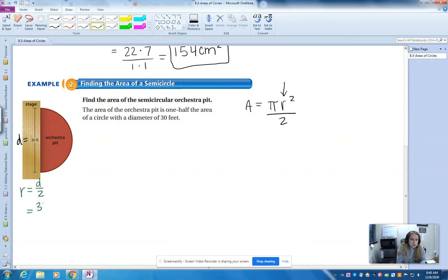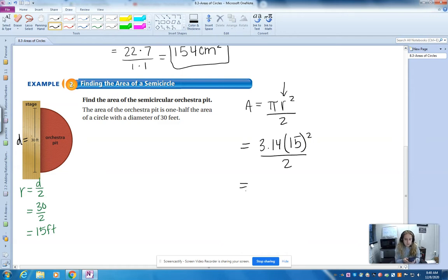So we're going to do 30 divided by 2, and that's going to give us 15 feet for the radius. So I know my radius is 15 feet. Now let's plug it in. For pi, I'm going to use 3.14. Radius is 15 squared over 2. So I just fill it into this equation.